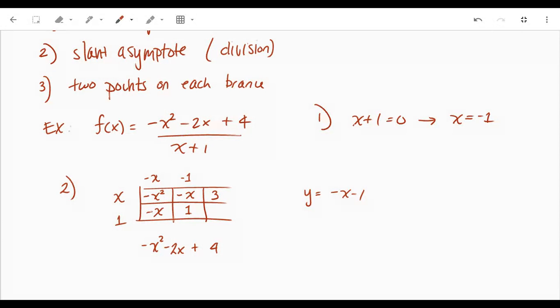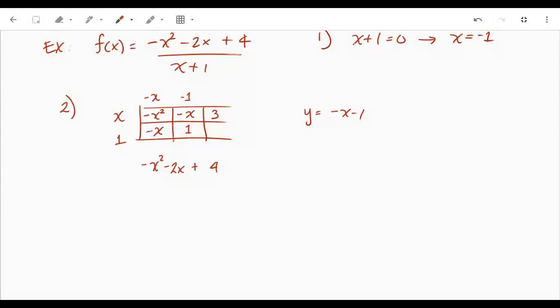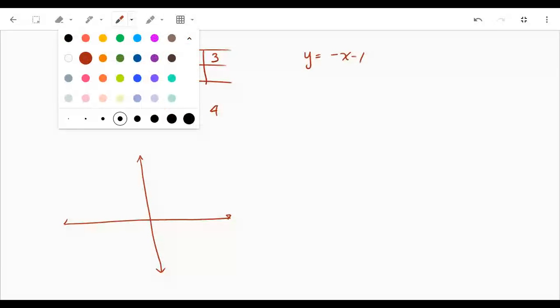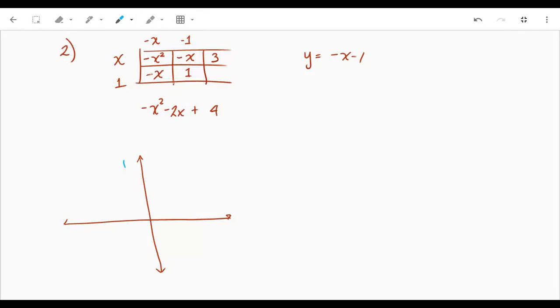Now we can start your sketch. So 1 asymptote at x equals negative 1. Okay, so there would be x equals negative 1.